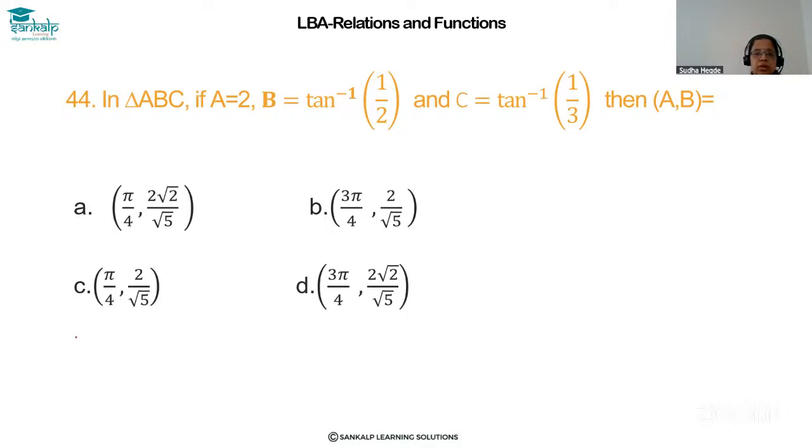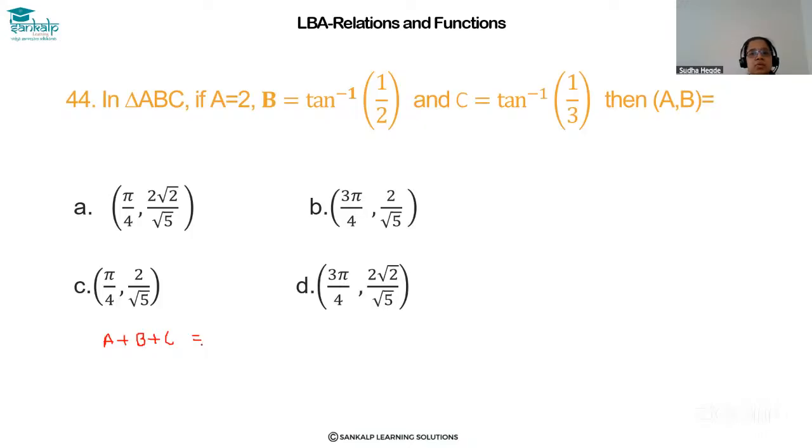So, given triangle ABC. In triangle ABC, angle A plus angle B plus angle C will be equal to what? You have studied already some angle property in triangle. What is that?